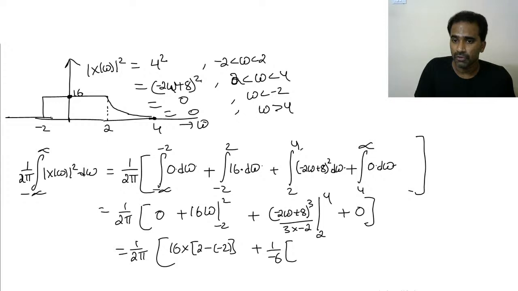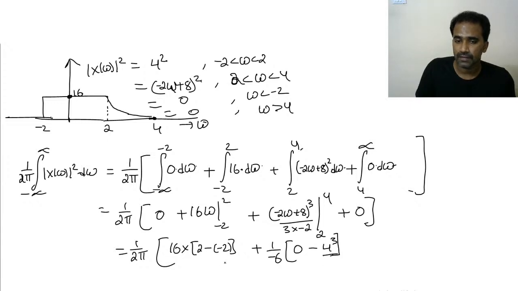If you substitute 4 inside, the upper limit, it becomes 4 2s are 8, minus 8 plus 8 becomes 0. Minus, let us substitute the lower limit also, 2 if you substitute here, it becomes minus 2 into 2 is minus 4, minus 4 plus 8 is plus 4 cube, divided by minus 6 which is outside, no?